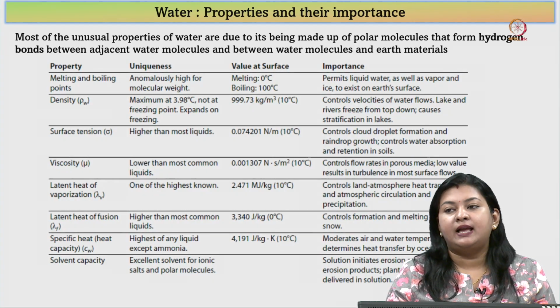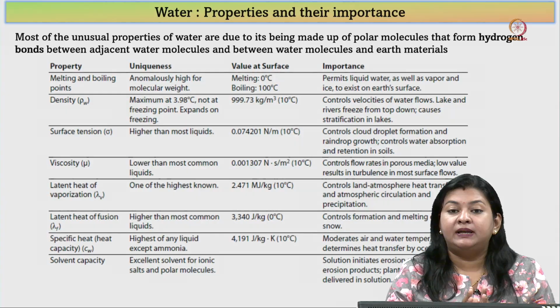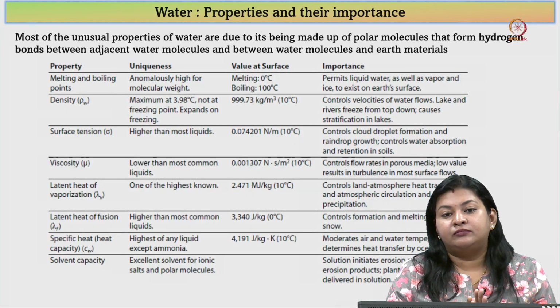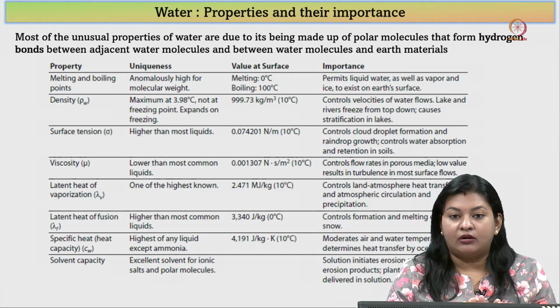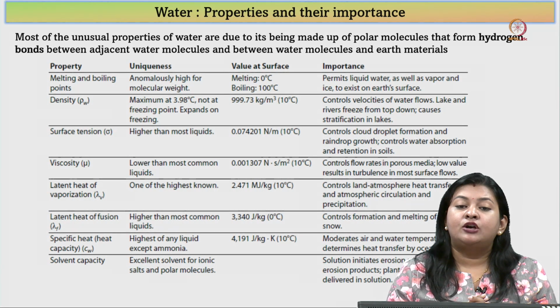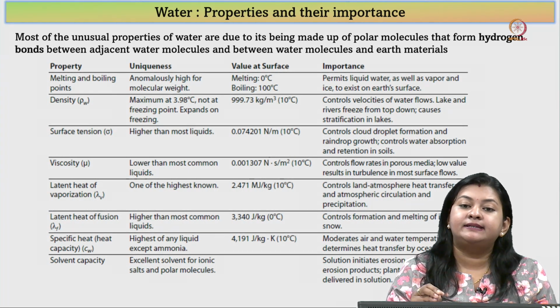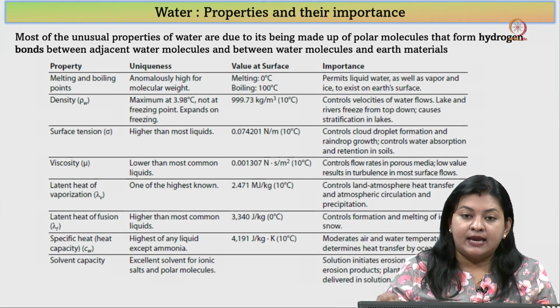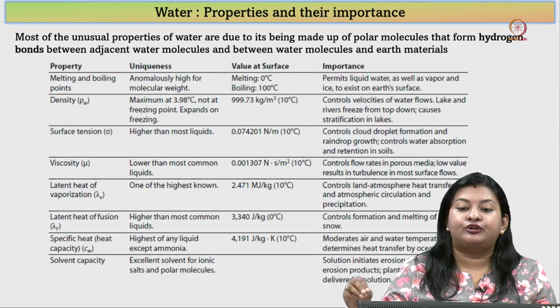And at different places, due to different phenomena, the temperature can change a lot, and there can be seasonal differences and all that. So, if the density of water changes, it is reflected in the water flow.